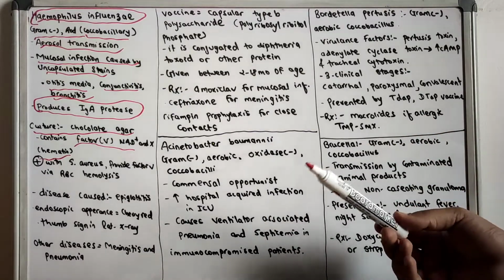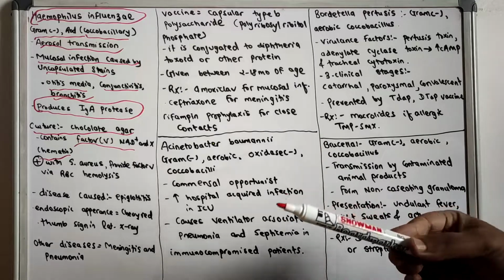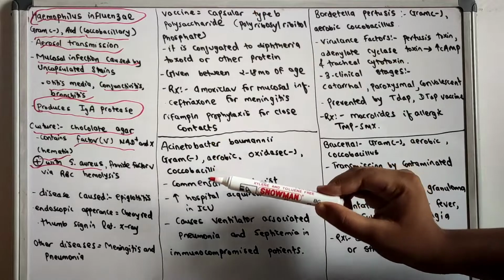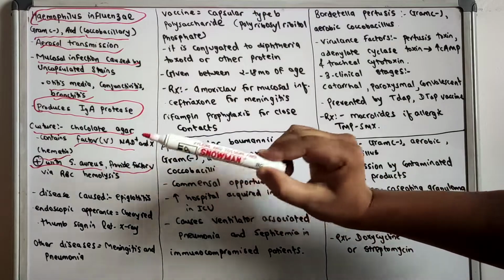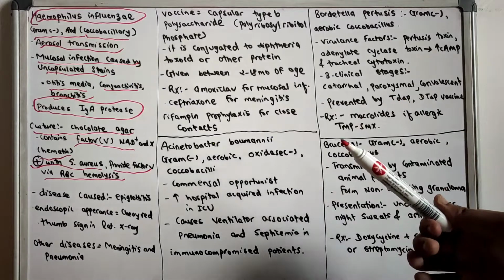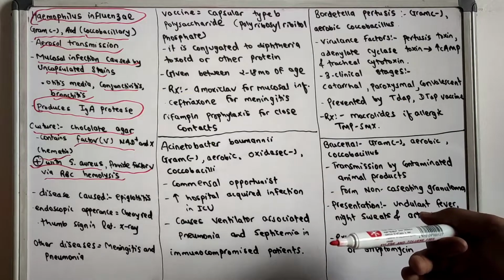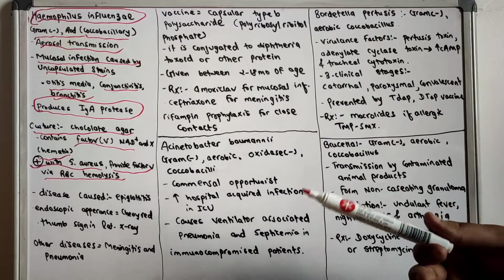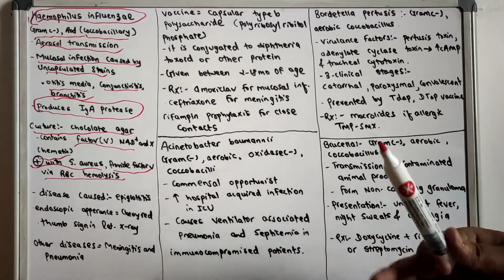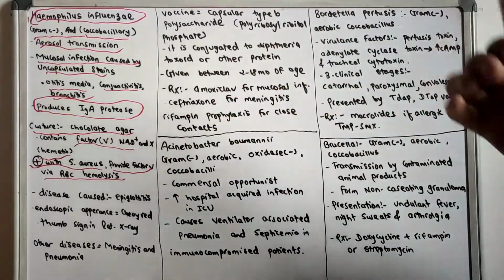It can also be cultured with Staphylococcus aureus, because Staphylococcus aureus provides factor 5 via RBC hemolysis. After the hemolysis is done by Staphylococcus aureus, it releases factor 5, so it can also be co-cultured with Staphylococcus aureus.